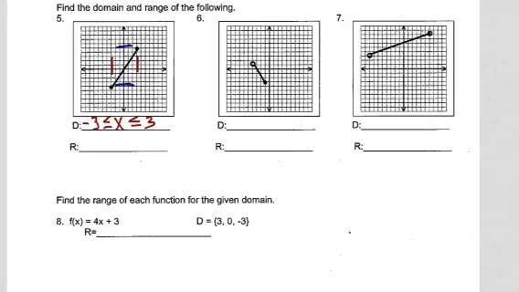So on the bottom we have -4, and at the top we have +5.